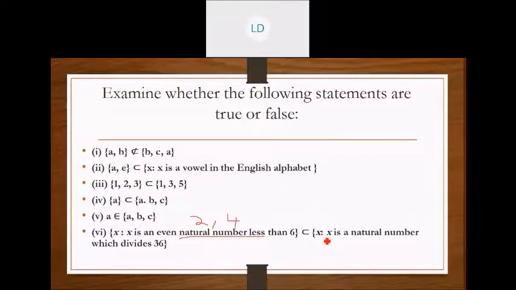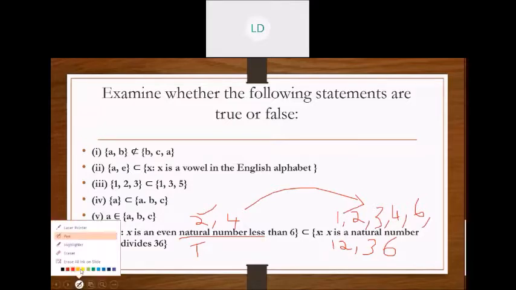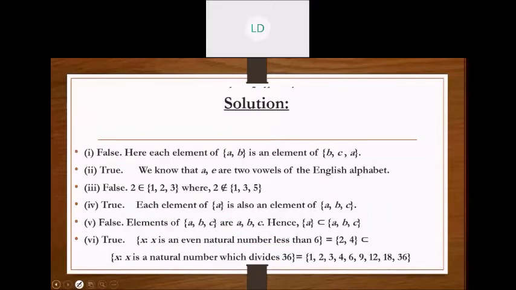And which are the natural numbers which divide 36? 1, 2, 3, 4, 6, 12, 36. So these are the natural numbers which divide 36. Here 2 and 4 are there in this bigger set. Therefore it forms a subset. So this is true. So these are the answers.